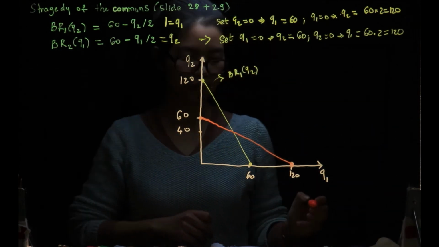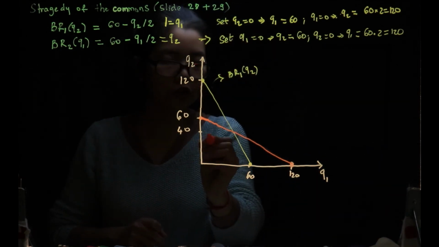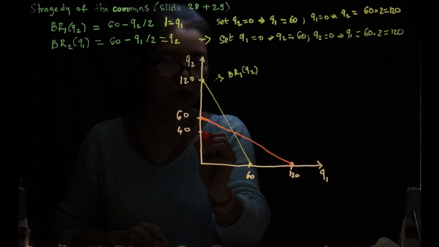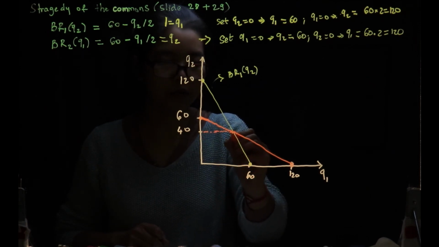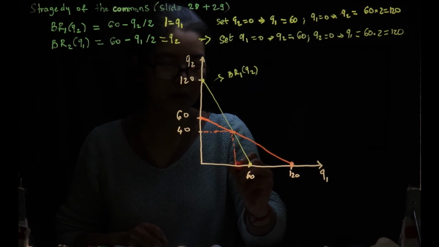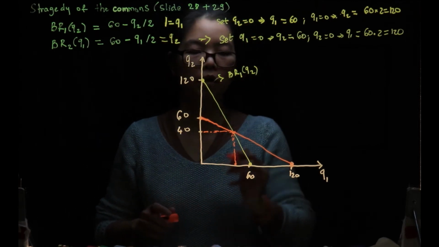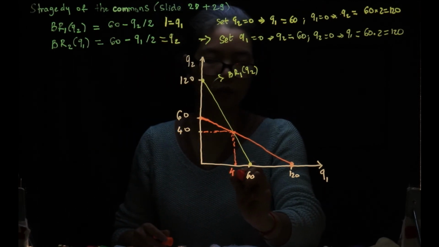Okay. Now, they will cross. Where will they cross? They will cross at the point of their optimum number of ships, and here it is also 40.